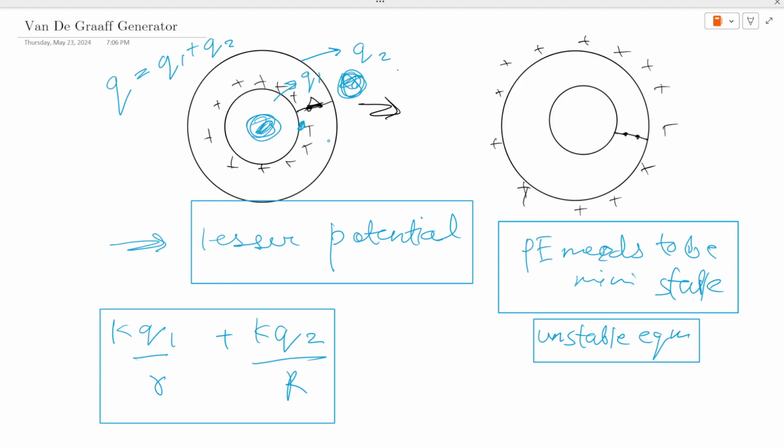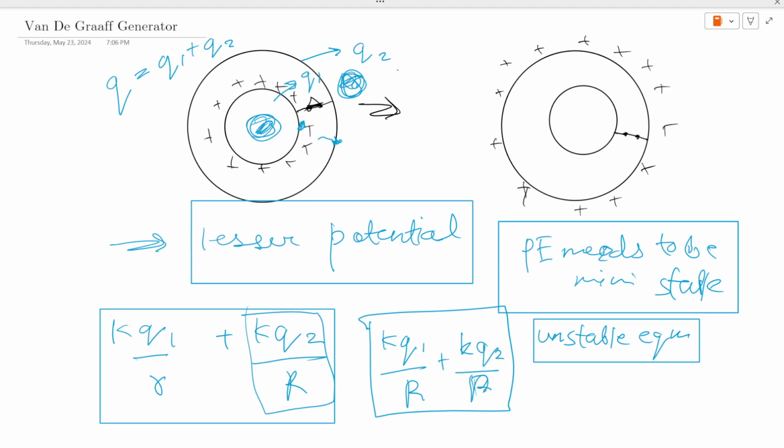So we are using the concept that a shell has potential equal to the potential at the shell, even inside the shell, right? That is why this is the expression for the potential subtended on it from the outer surface.